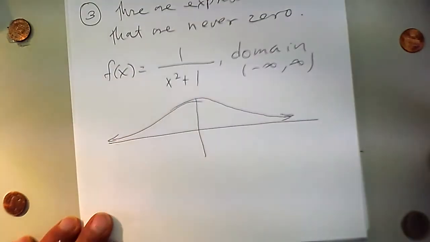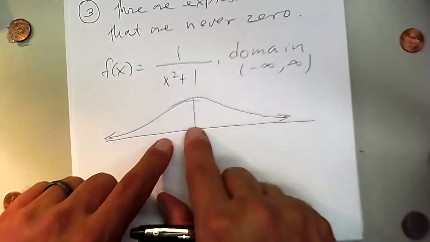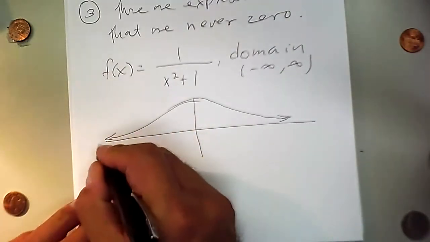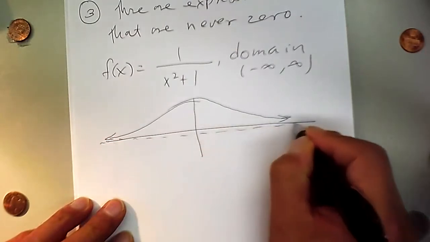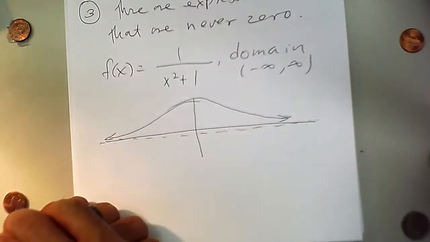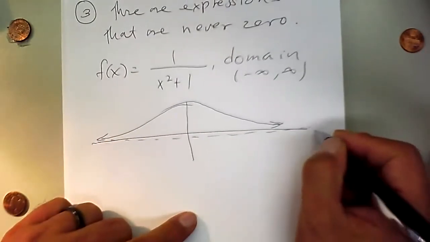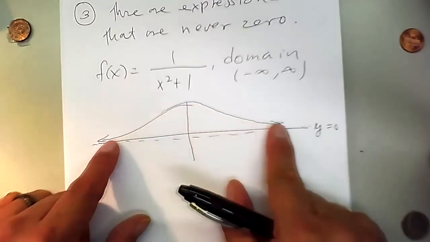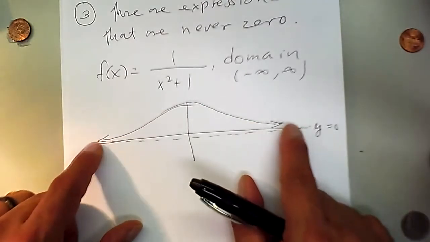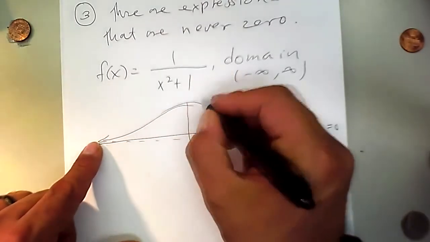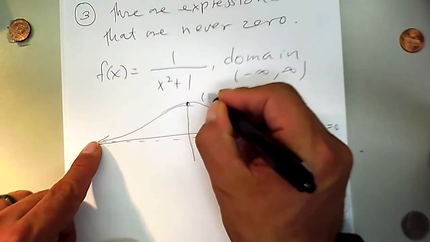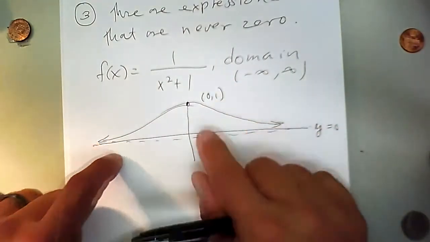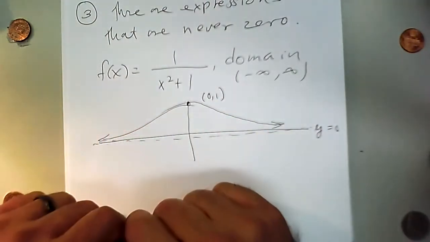That's a different function, but it's kind of like it. We do have a horizontal asymptote, not a vertical asymptote, but yes, a horizontal asymptote. Y equals 0 is the horizontal asymptote. So that means that on both sides, the graph keeps going closer and closer towards 0 without touching it. The highest point will be (0, 1), and it curves this way smoothly.